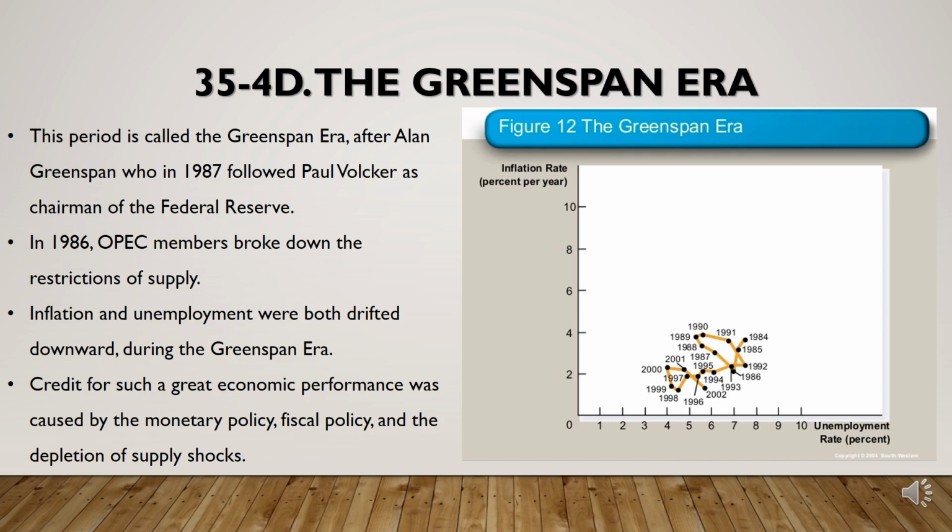So, when unemployment fell and inflation rose in 1989 and 1990, the Fed raised interest rates and contracted aggregate demand, leading to a small recession in 1991 and 1992. And so, the credit for such a great economic performance went to monetary policy, fiscal policy, and most importantly, the depletion of supply shocks.